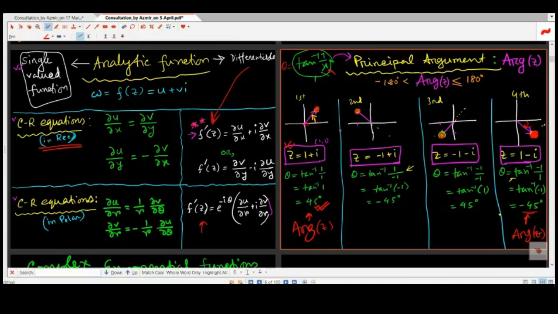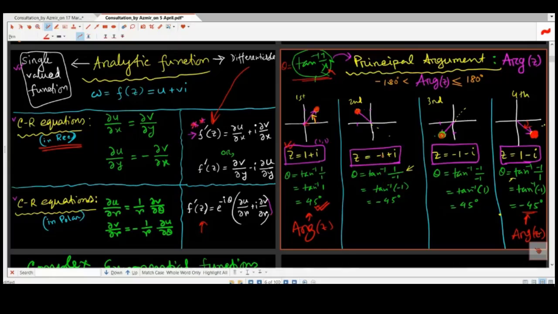So if we have a point in the first quadrant or in the fourth quadrant, this formula will directly give us the principal argument.